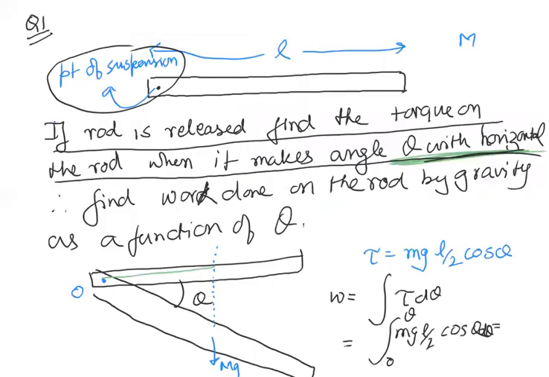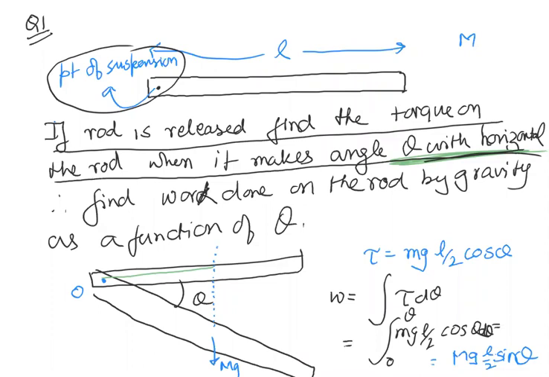So this will come out to be mg L by 2 sin theta. Now what is L by 2 sin theta? It is the distance by which the center of mass comes down.